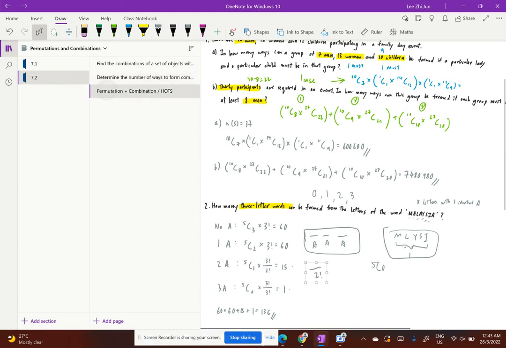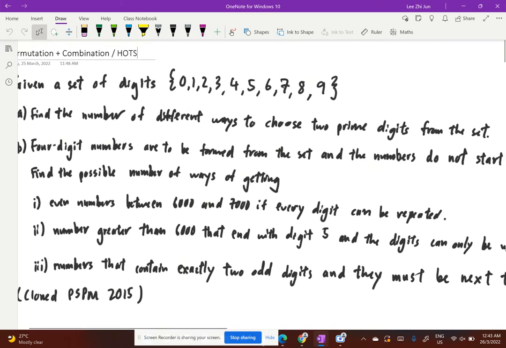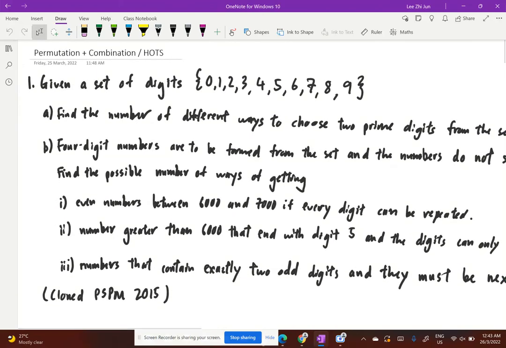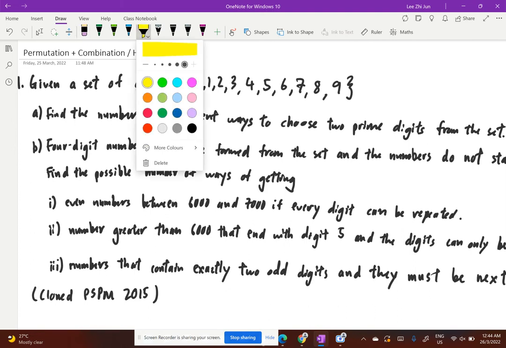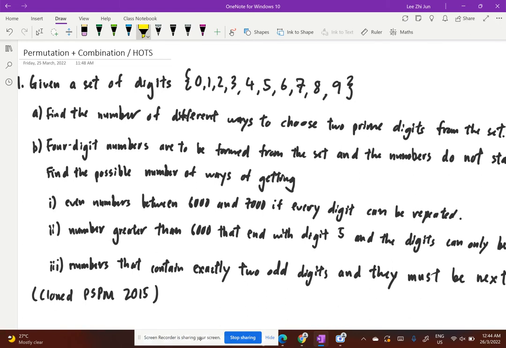Given a set of digits 0 to 9, find the number of different ways to choose 2 prime digits from the set. You need to pick out which are the prime digits. The prime digits are 2, 3, 5, 7.